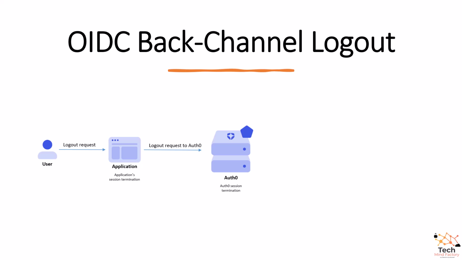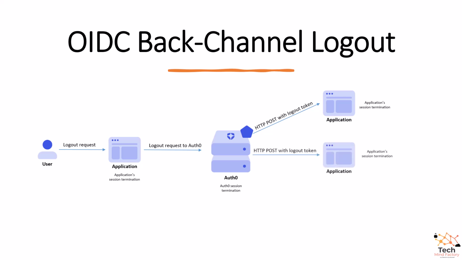So when we call Auth0 to log out the user, the Auth0 session is terminated. The session cookie is terminated in the browser. And what's happening next? Auth0 will call our endpoint on the other application side. It will use HTTP POST and it will send the logout tokens. We have three different applications here where the user also signed in or authenticated.